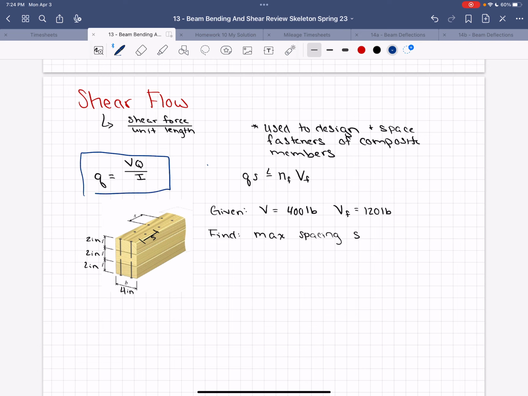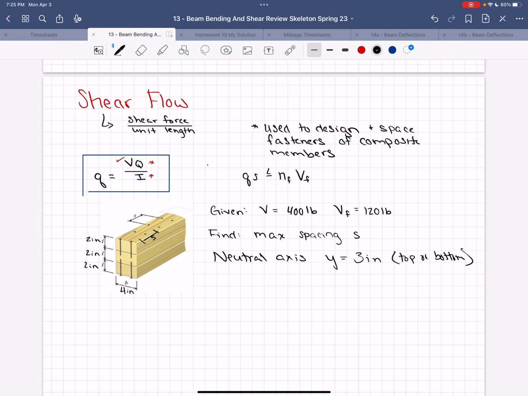That means we know V, but we need to calculate Q and I. To start with, the centroid of this, if we have the neutral axis, is at y equals 3 inches, to top or bottom, symmetrical.